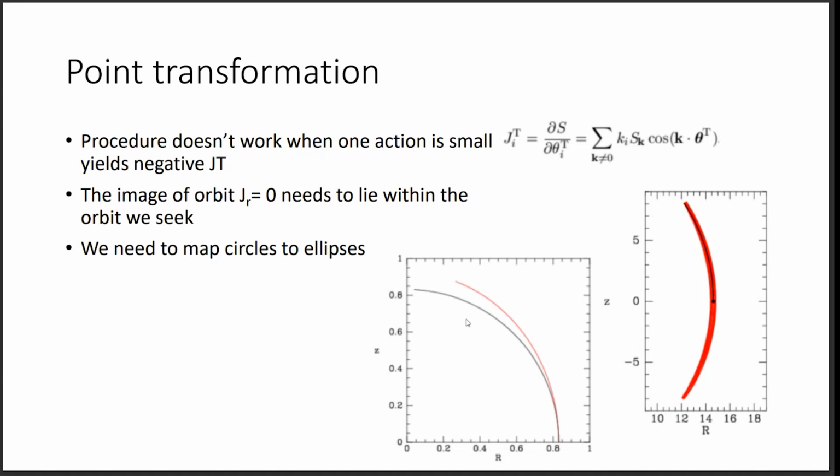Now, fortunately, the red thing can be very closely approximated by an ellipse. So what we need to do is a transformation in position space, which is what's called a point transformation. The point transformation is a canonical transformation where you map places in coordinate space to places in coordinate space without messing with the momentum.